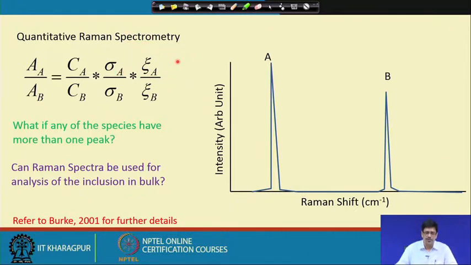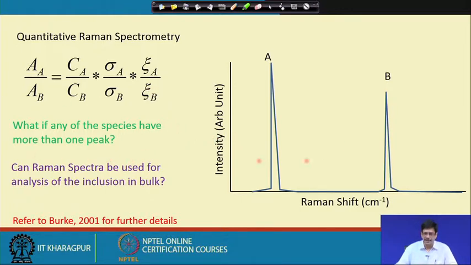For any instrument that an individual is using, this instrumental efficiency parameter for this gaseous species, or for that matter many gaseous species, could be known beforehand. Therefore, it is possible to calculate the concentration ratio of these two species present in an inclusion fluid.